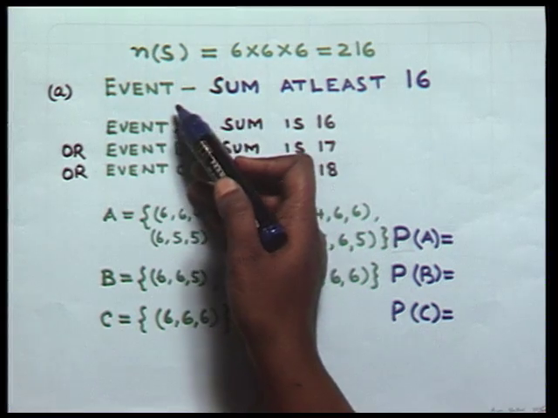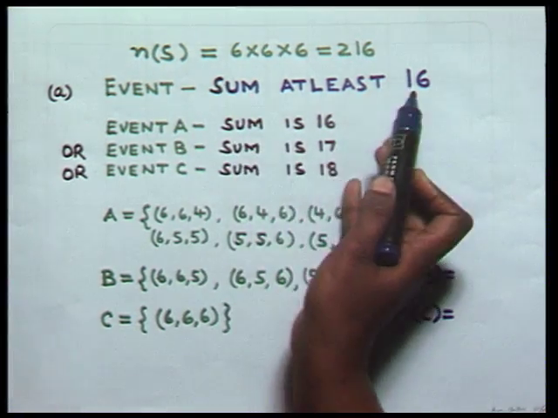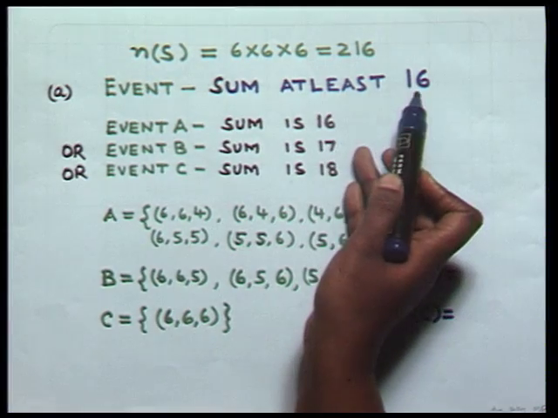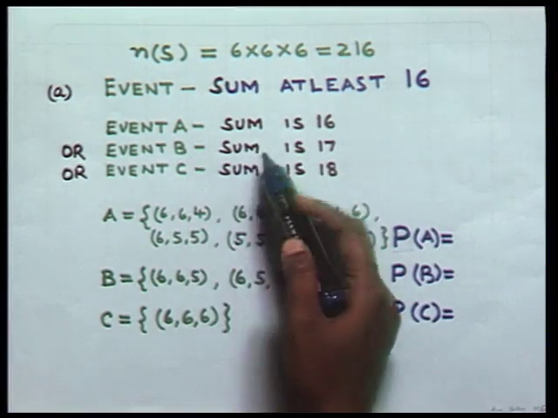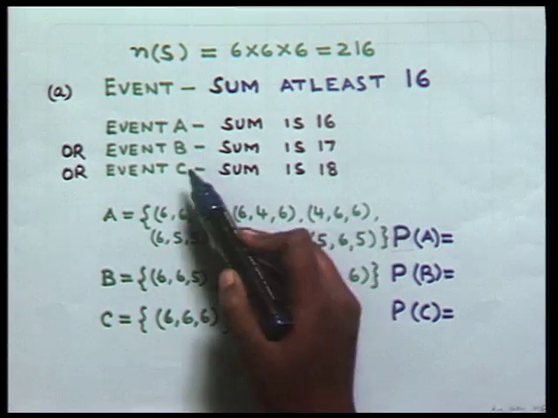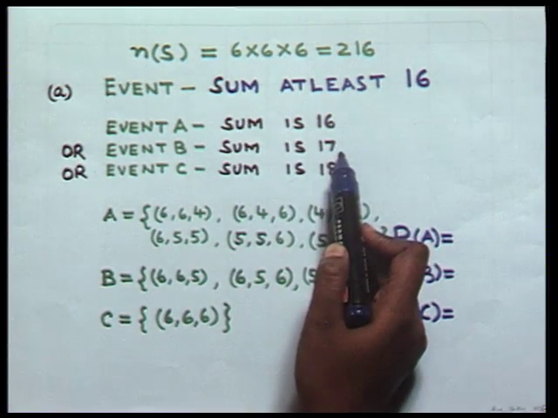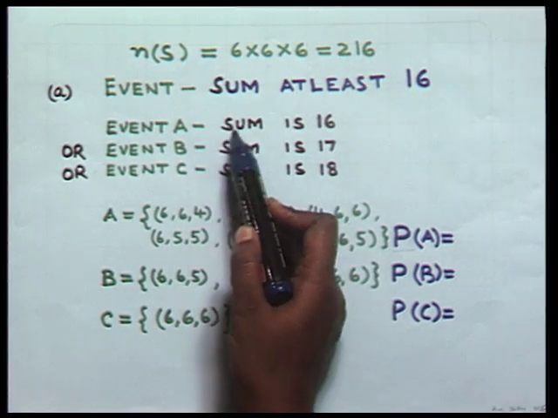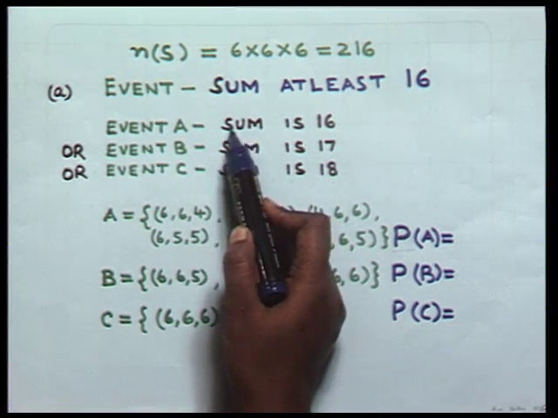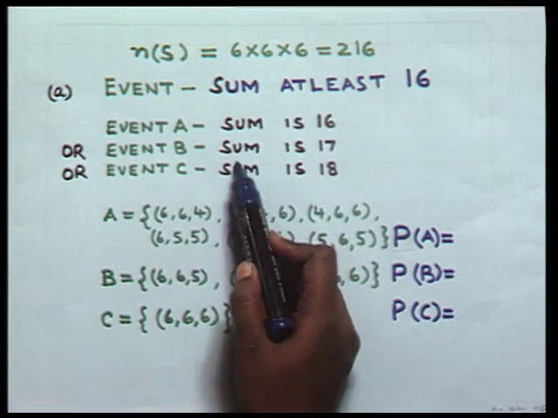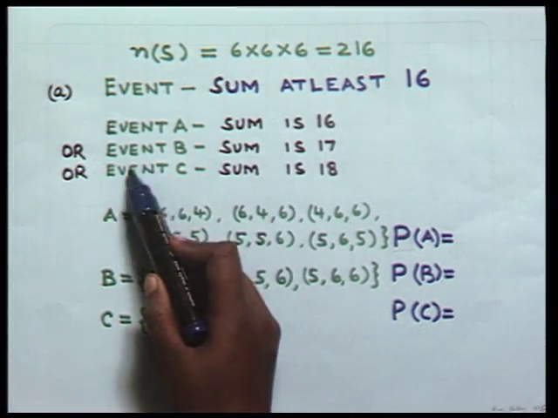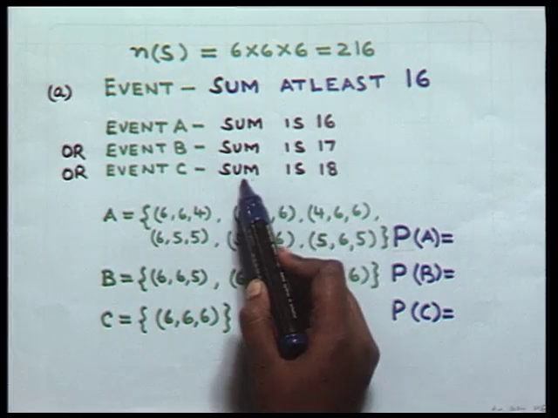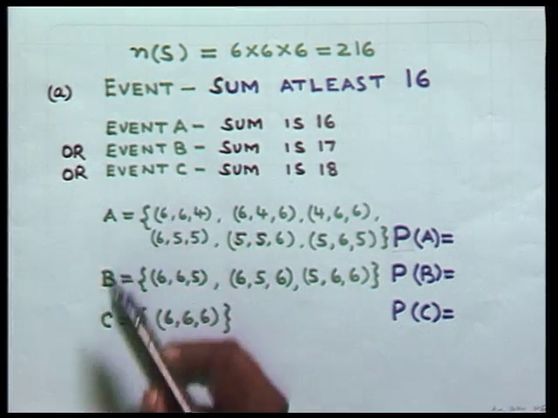Now, let us come back to the event, that is getting the sum at least 16. This event will occur if the sum is 16 or the sum is 17 or the sum is 18. Let us define the first as event A, this one, that is sum is 17, as event B, and the third, that is sum is 18, as event C.